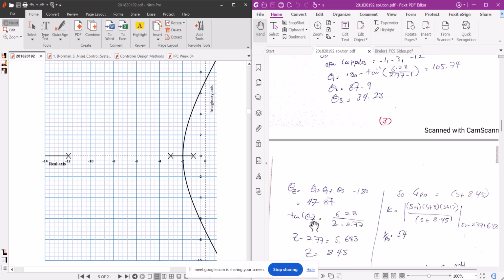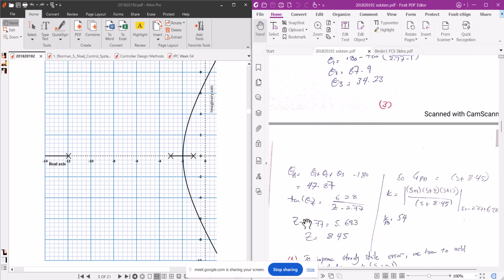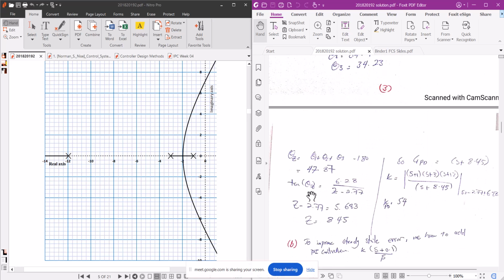Then another formula: tan theta z is equal to 6.28 over z minus 2.77. Put in tan 47.87, bring z minus 2.77 down and calculate z. This will be the location of the new zero.